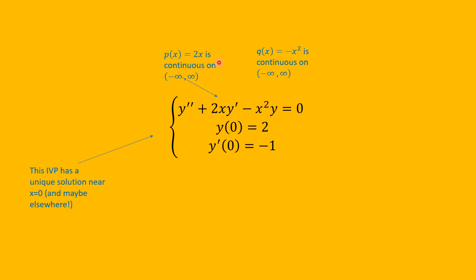Both are continuous on minus infinity to infinity. Since the initial conditions happen at x equals 0, this initial value problem has a unique solution near x equals 0, and maybe elsewhere also.